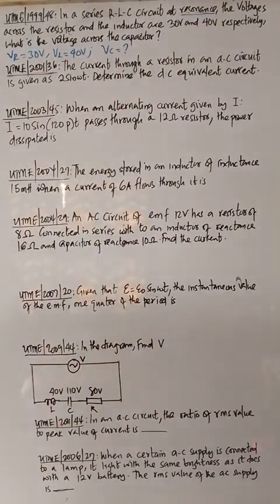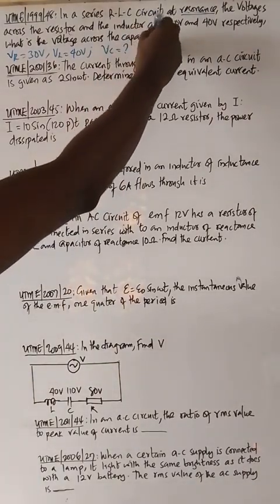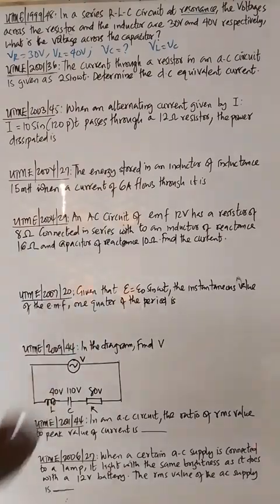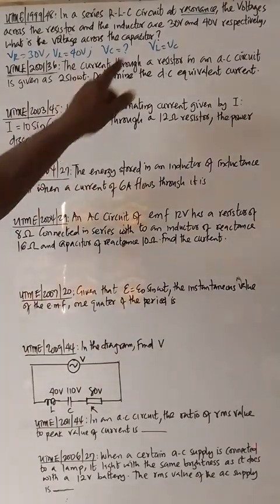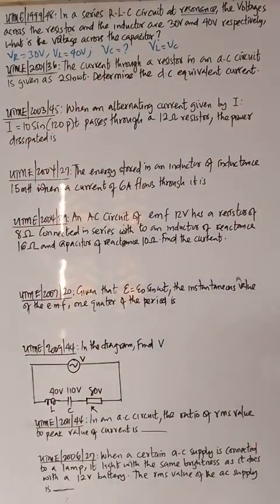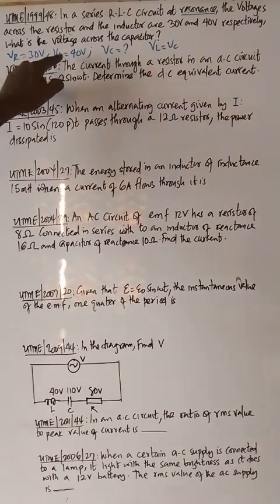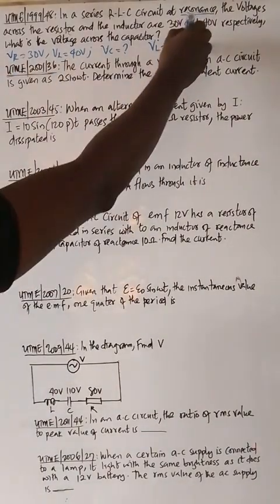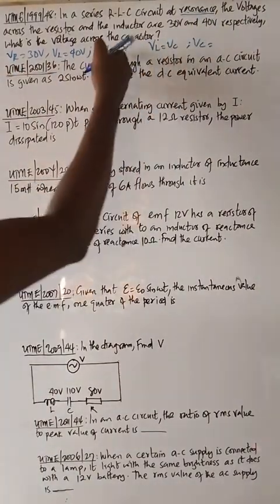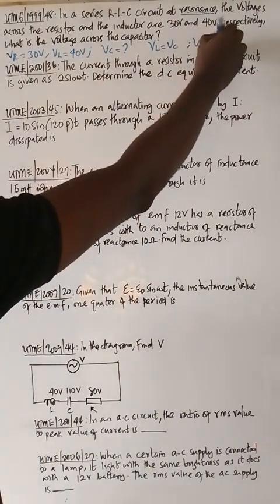Note, at resonance, one of the conditions we check, I gave you 8 conditions during the class, is that VL equals VC. For resonance to occur, it means the PD across the inductor must be equal to the PD across the capacitor. Since the PD across the inductor is 40, it implies that the PD across the capacitor, which is what we are looking for, will also be 40 volts.